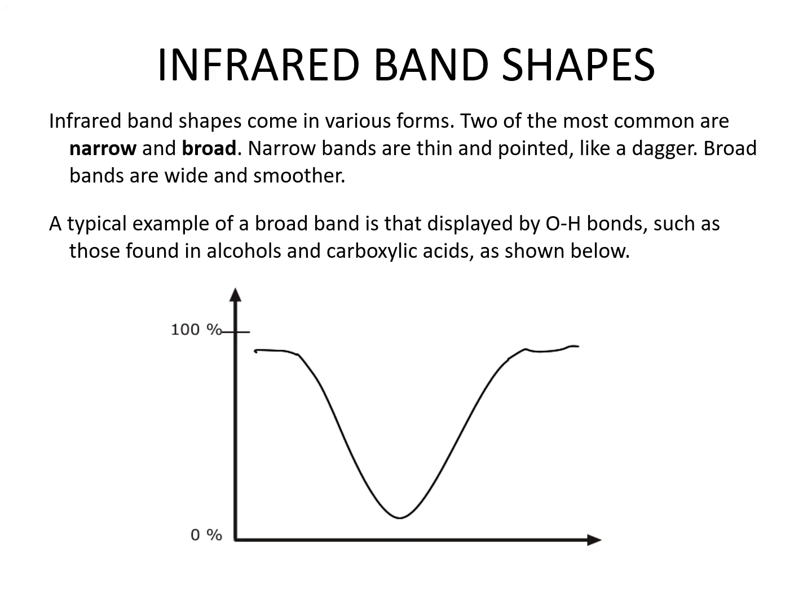Bands can also be broad bands or sharp, narrow bands. Most of the bands are narrow, ranging from weak to strong, whereas some functional groups, specifically the OH bonds, which you can see in water, alcohol, or carboxylic acid, usually have a broad band, this kind of band.